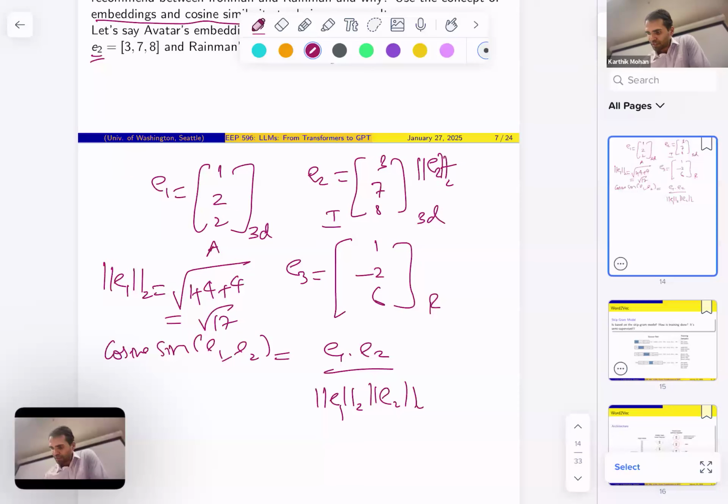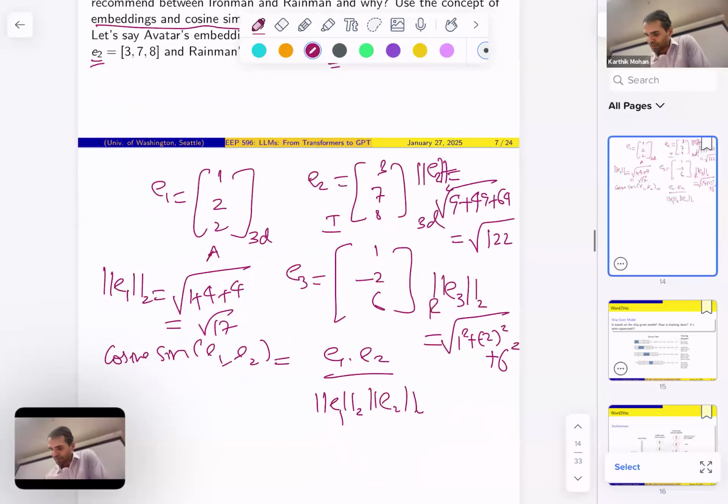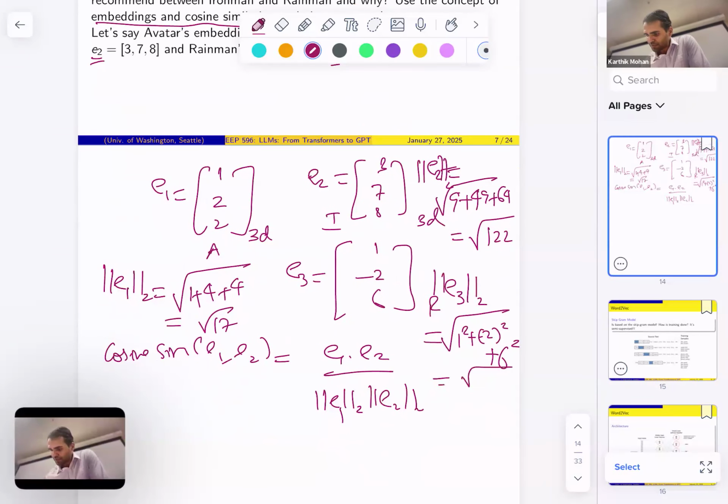E2 is 9 plus 49 plus 64, that's 122. And then the norm of E3 is 1 squared plus -2 squared plus 6 squared, so that is equal to 41.